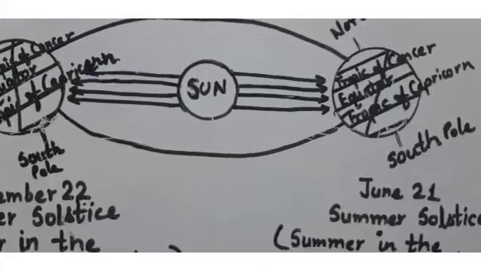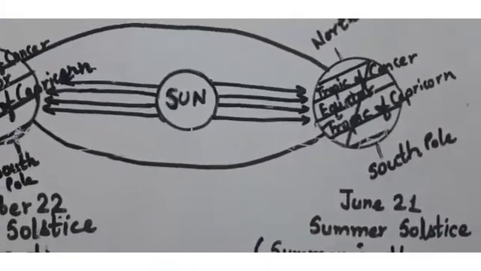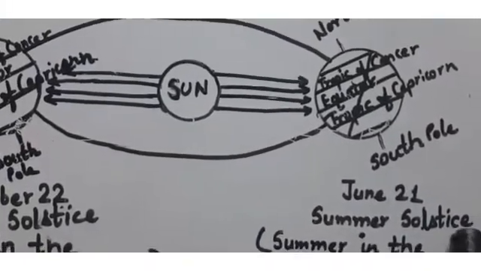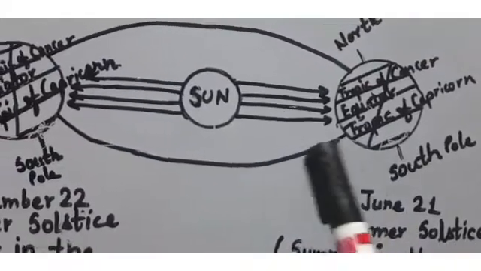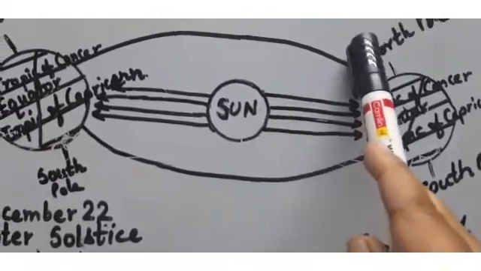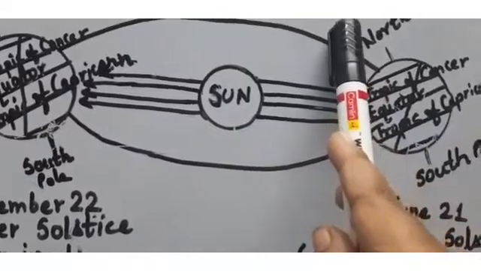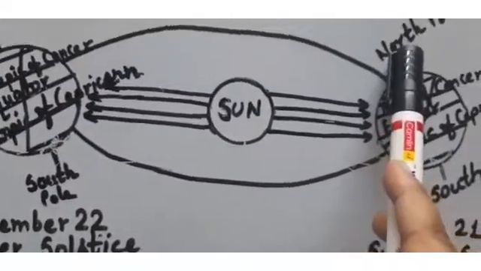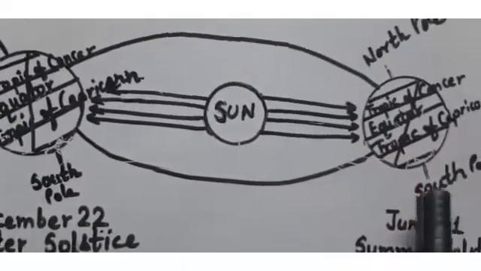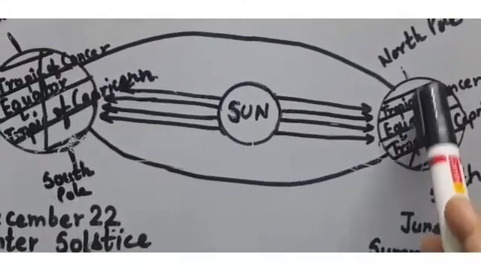Now what is solstice? Solstice is the moment when the Sun reaches its northernmost point or its southernmost point from the Earth's equator.